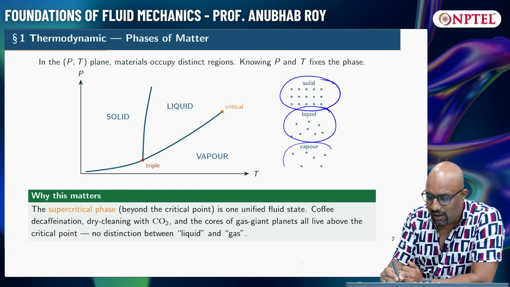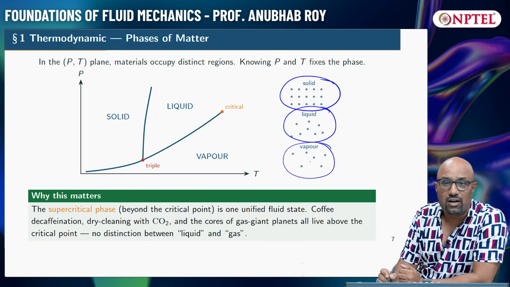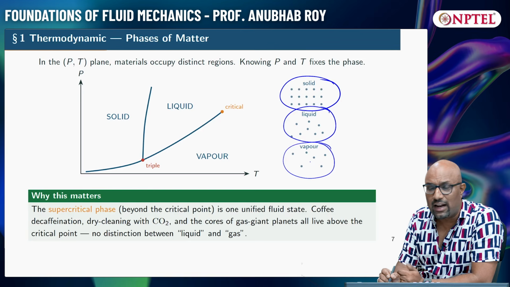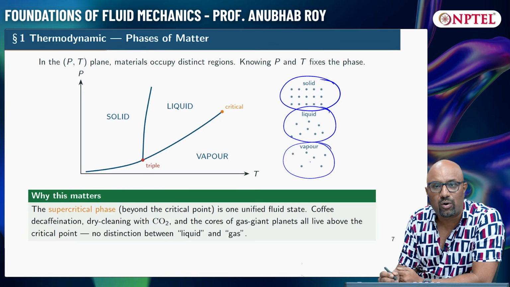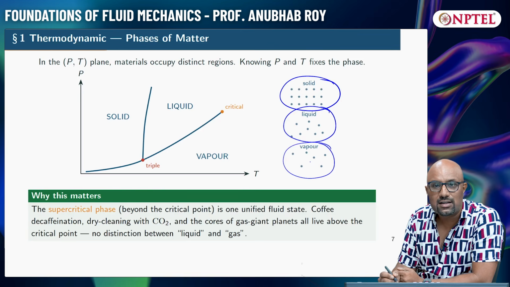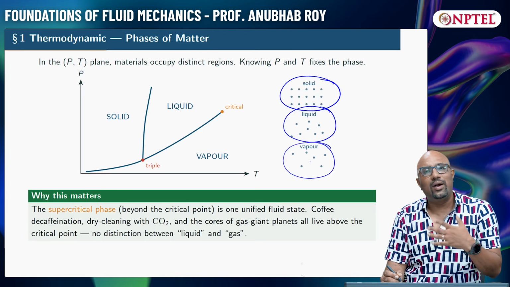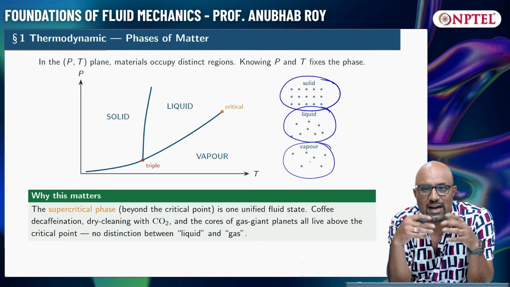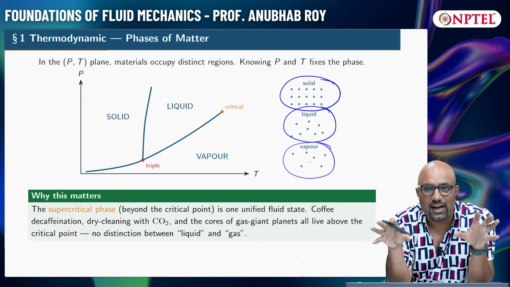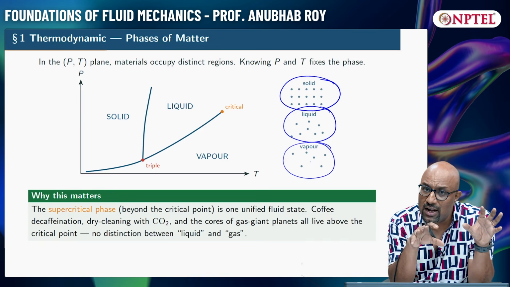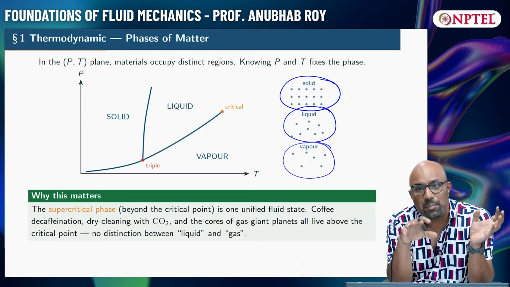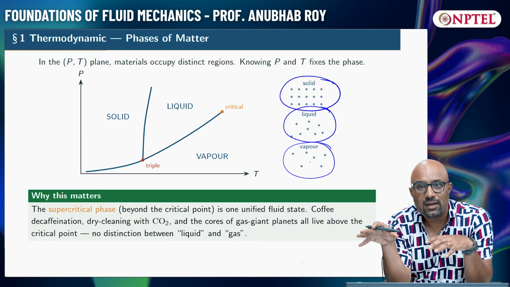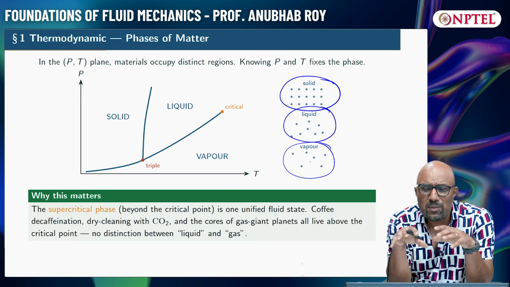Whereas a vapor is going to be the most disordered state, where the class has ended and everyone is basically scooting off and going to wherever they have to go next. So you can think of the liquid as occupying an intermediate structural state between solid and vapor. Solid, the most ordered state, vapor, the most disordered state. And liquid is going to be something in between.